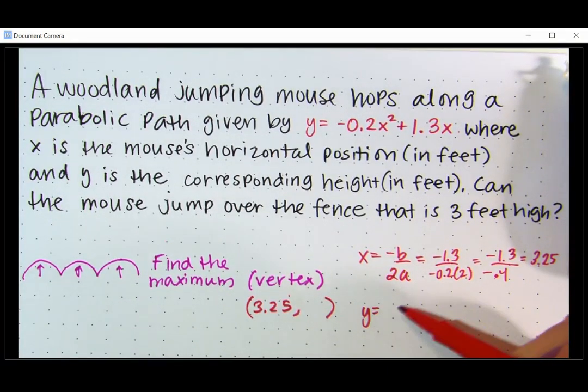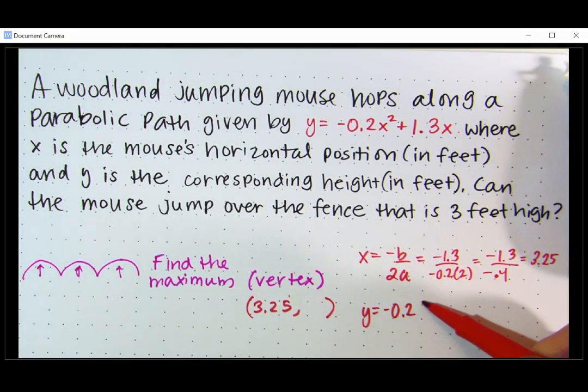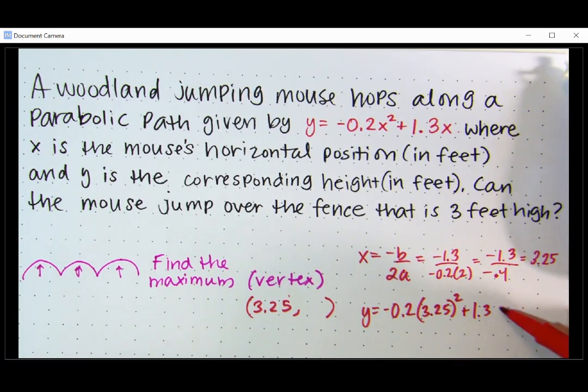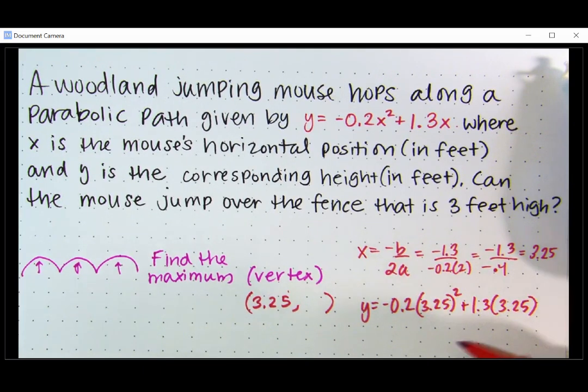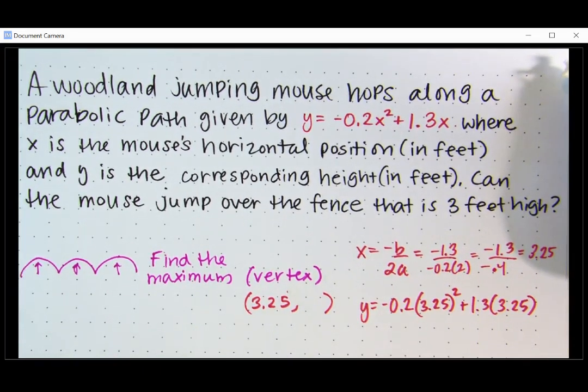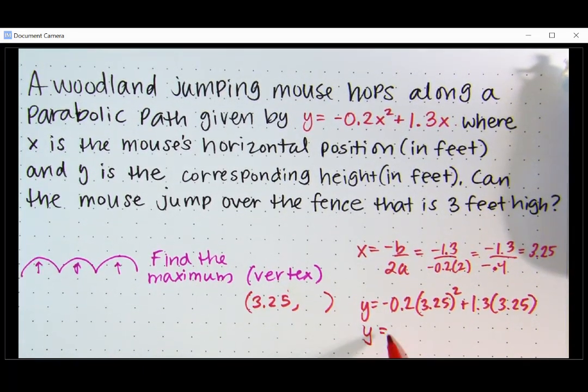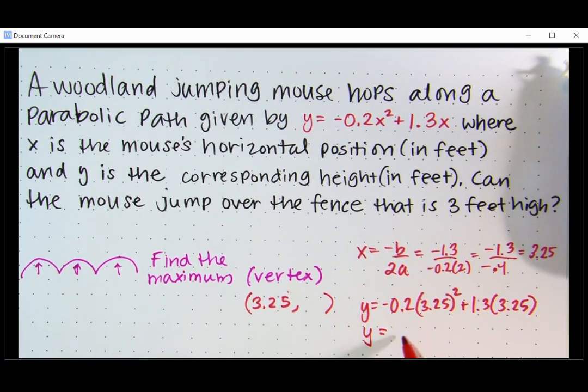So the y is going to equal negative 0.2 times 3.25 squared plus 1.3 times 3.25. Use your calculator to get all that math done, and you get y equals 2.1125 feet.